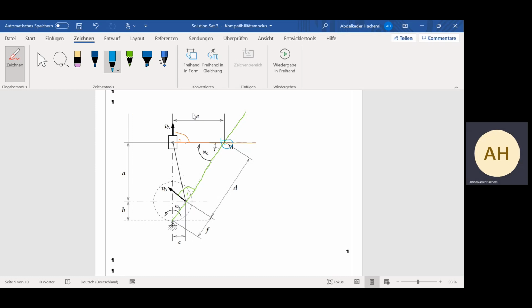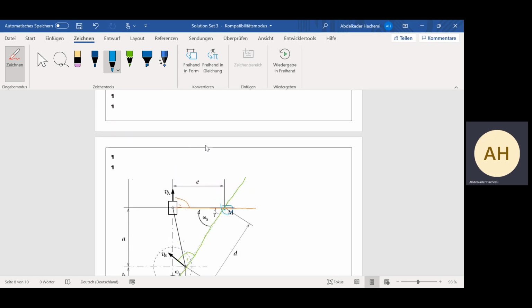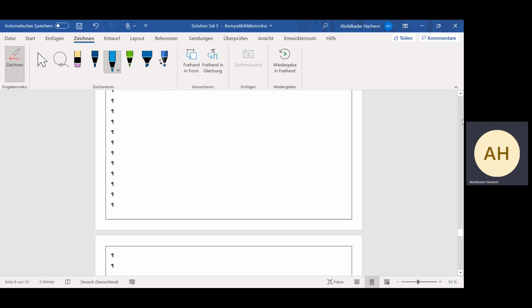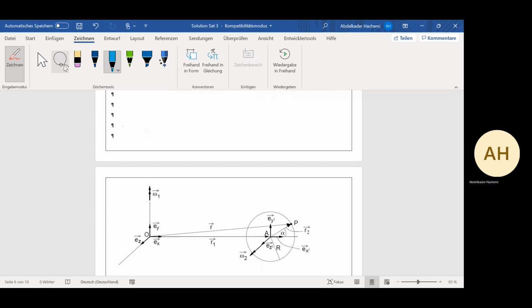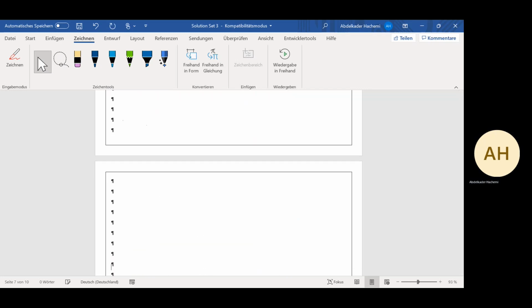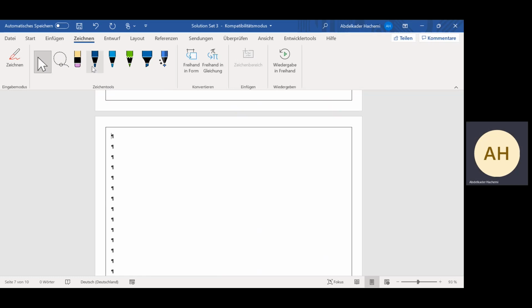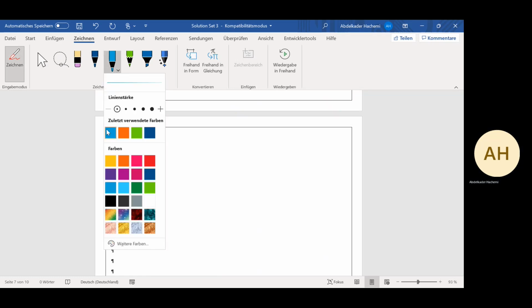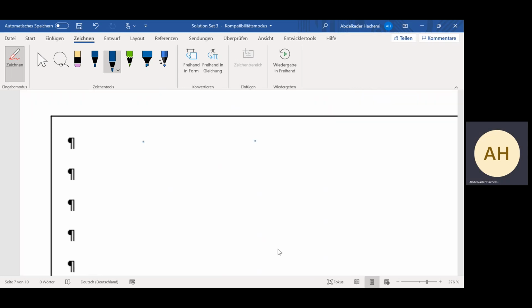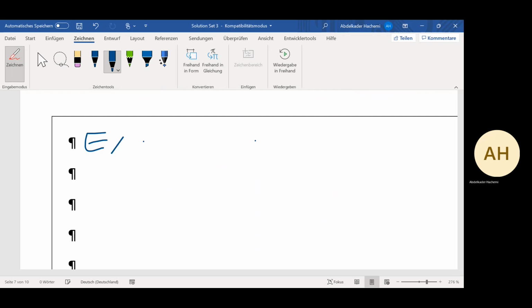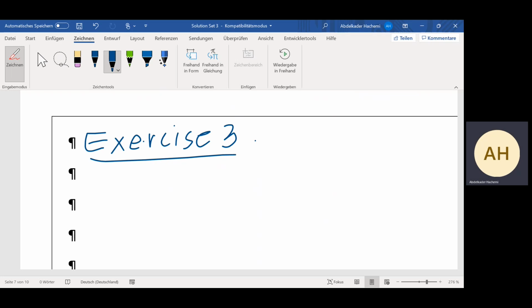Using the scale of the picture that represents this mechanical system, we can read the values. Here we zoom in on exercise 3, and then we have the reading off.